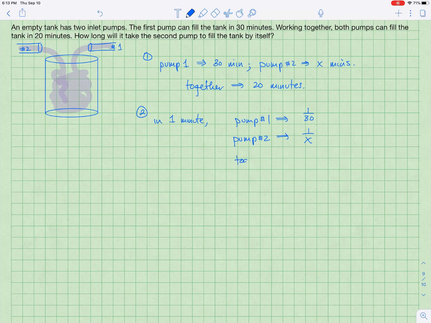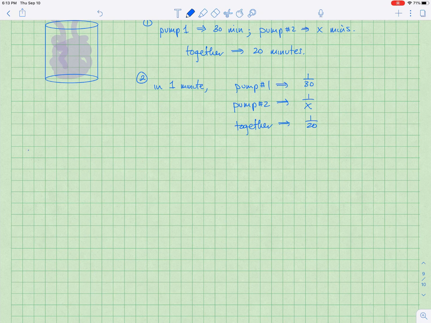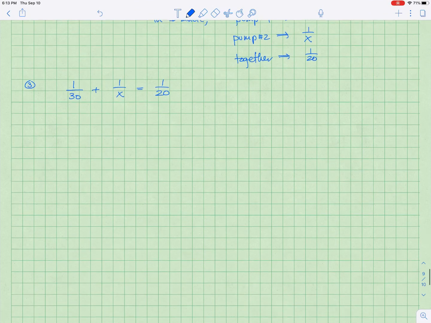And together, if it takes them both 20 minutes, they'll do 1/20th of the tank. So in number 3, however much pump 1 can do in 1 minute, plus whatever pump 2 can do in 1 minute, is equal to whatever they can do together. And it's very similar to the previous example. It just happens that our variable is in a different location.